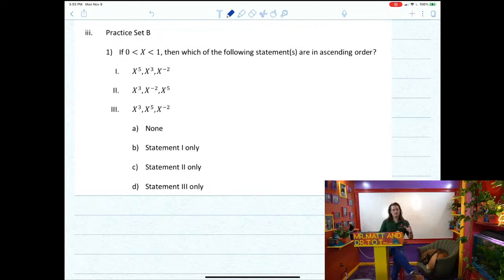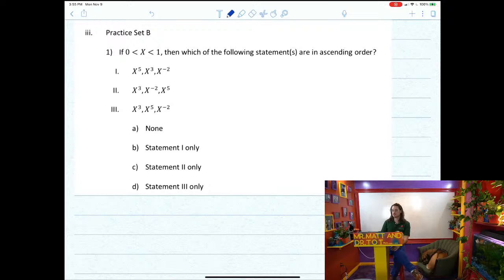So those were 3 very similar type problems. Now we're going to go into 3 other similar related problems. So practice set B, number 1. If 0 is less than x, which is less than 1, then which of the following statements are in ascending order? Statement 1 says x to the 5th, comma, x to the 3rd, comma, x to the negative 2 power.